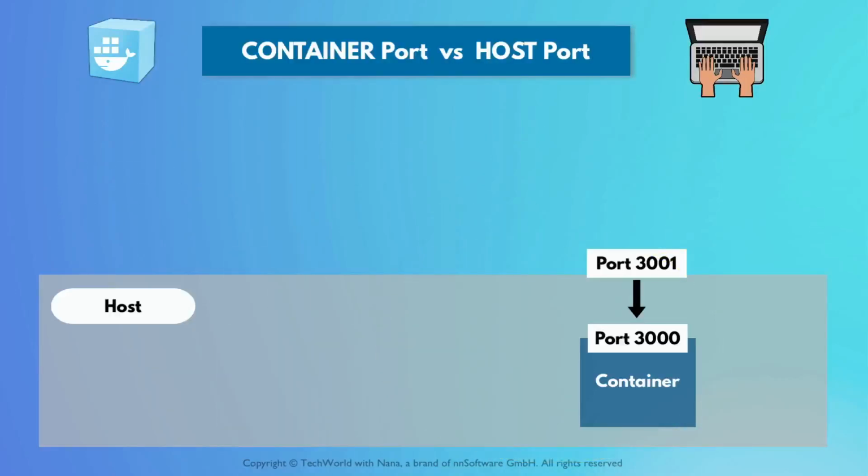Once the port binding between the host and the container is done, you can connect to the running container using the port of the host. In this example URI, you would have some app, localhost, and then the port of the host. And the host then will know how to forward the request to the container using the port binding.